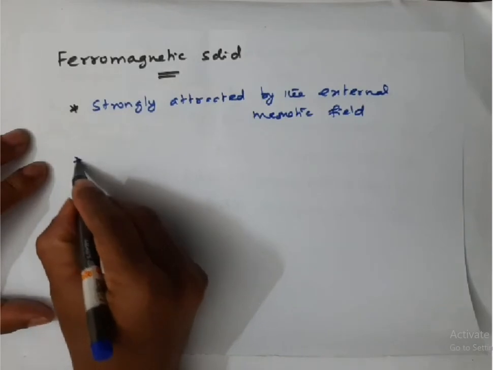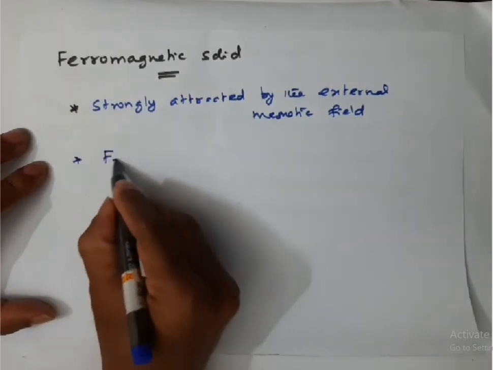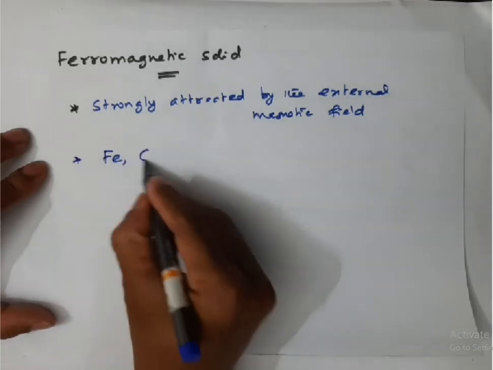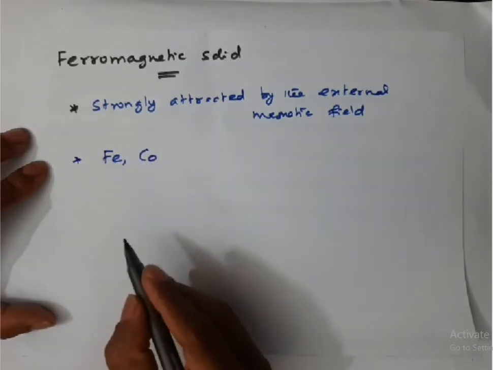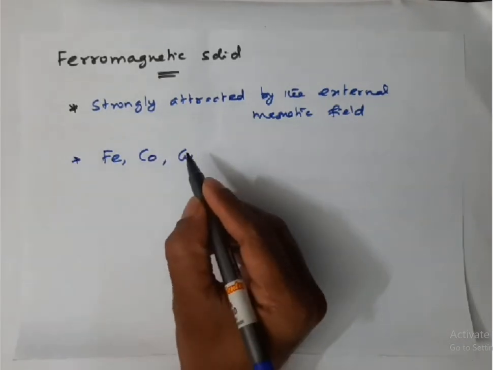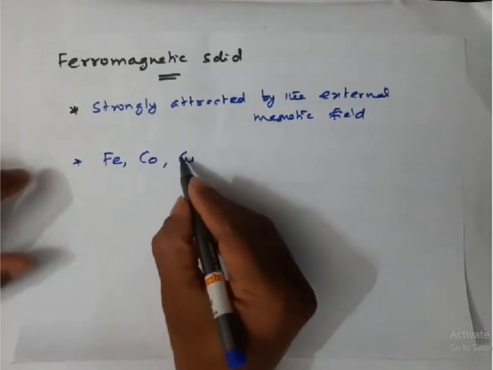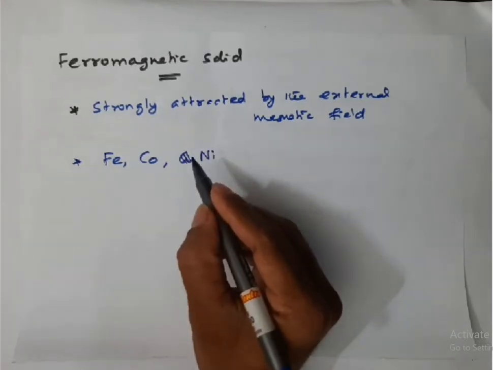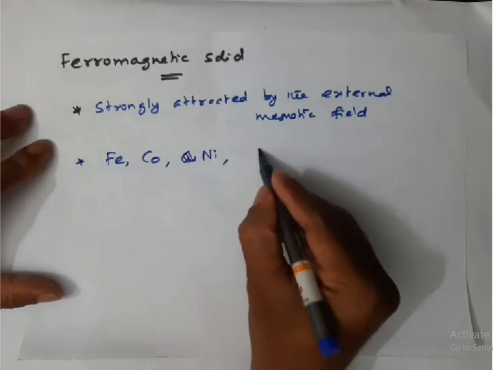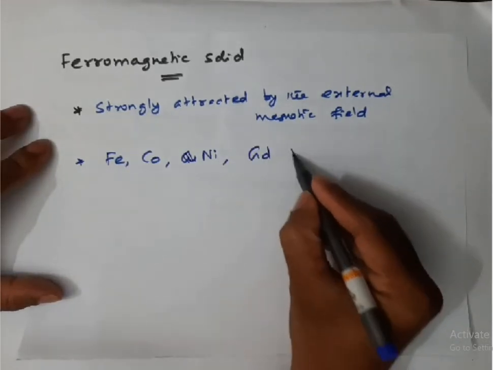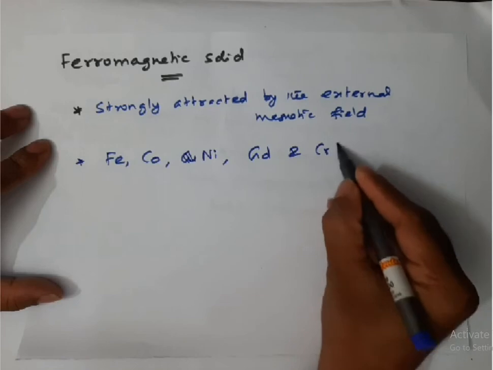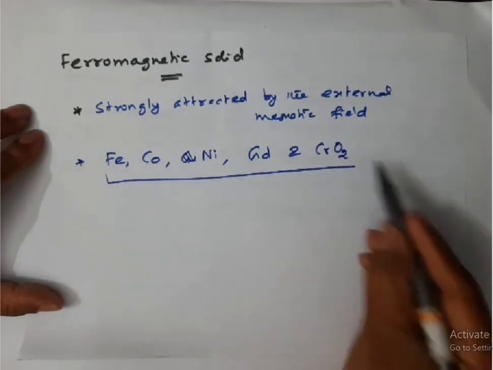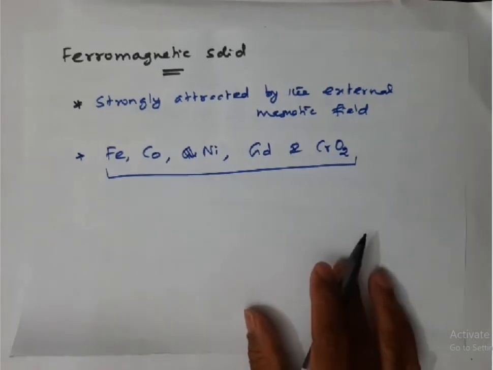Yes, we have few examples like the element iron, then the element cobalt, then nickel, then the element gadolinium, which belongs to the lanthanide family, and the compound chromium dioxide, CrO2. These are all few examples of ferromagnetic materials.